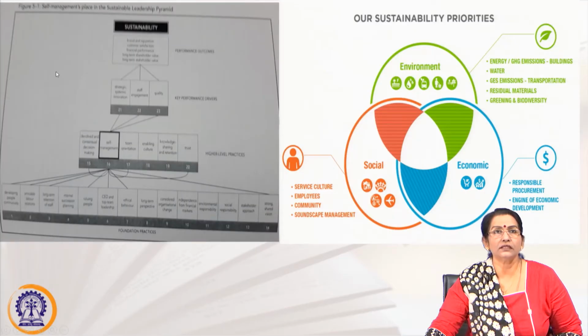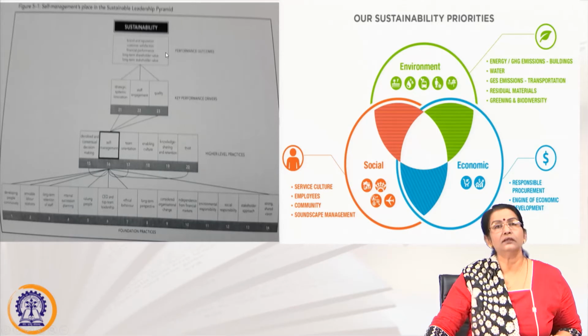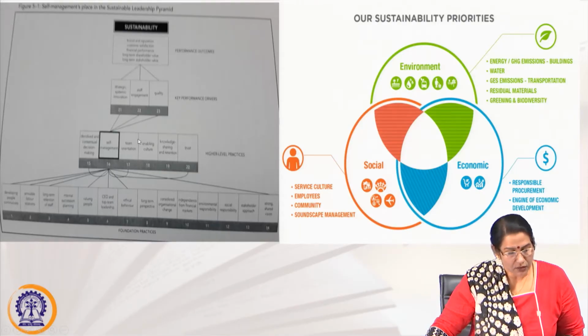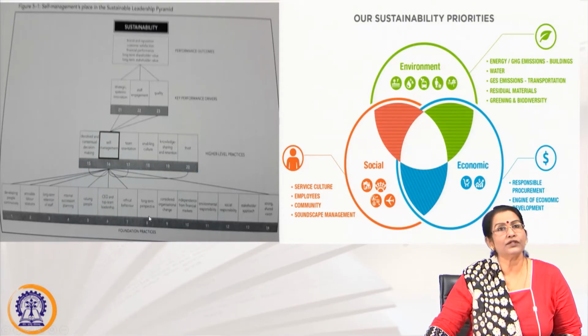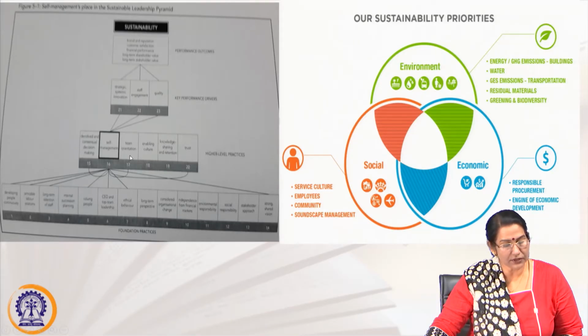This is also a framework of leadership, like a leadership pyramid, given by researchers. At the grassroots level are the foundation practices we have already discussed. At the higher level are practices like self management, team organization and enabling culture, which we discussed in previous classes.